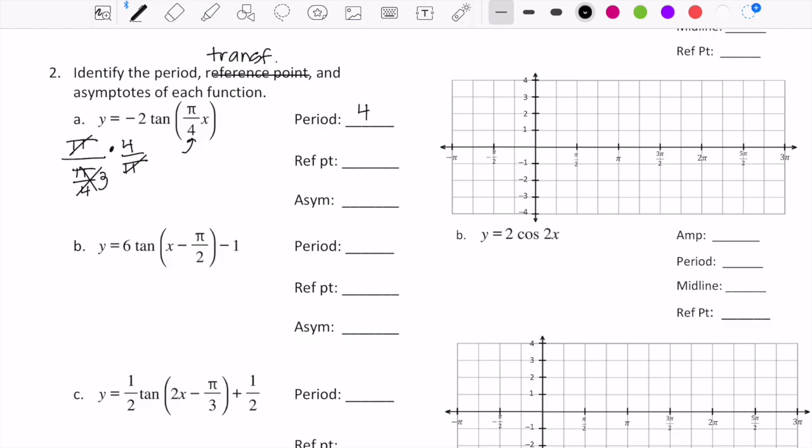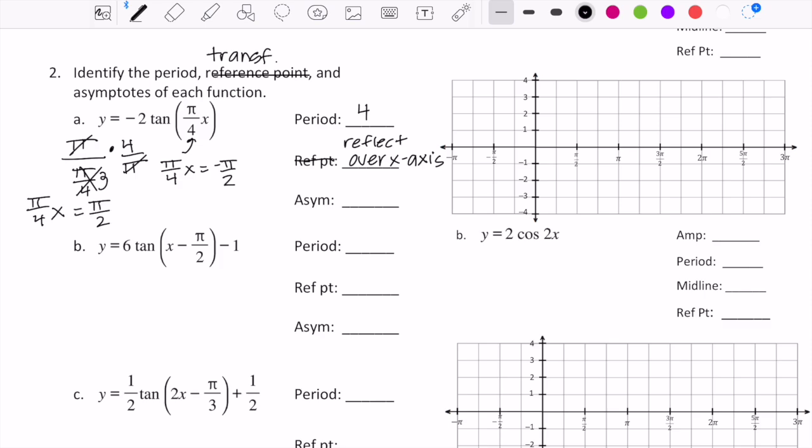And then the only transformation that we have here is reflect over x-axis. And then the asymptotes, we're going to set them equal to, so we have pi over 4 x equals -pi over 2, and then pi over 4x equals +pi over 2.